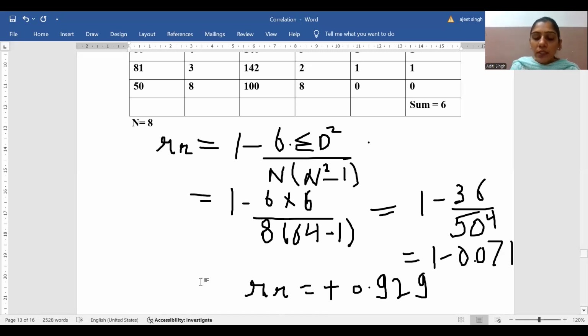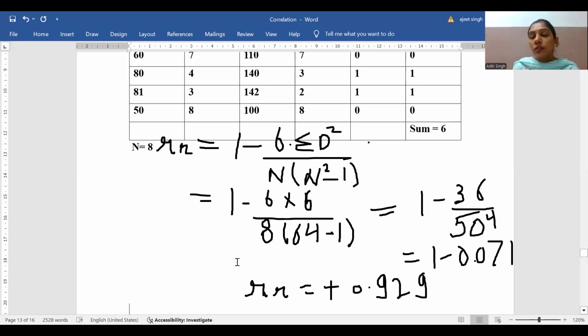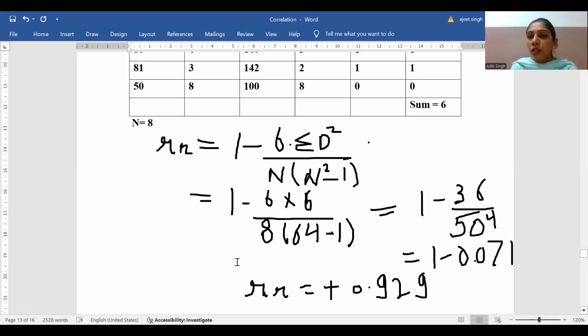Okay, so we can say that there is a high positive correlation among the variables. So this is how we calculate coefficient of correlation with the help of ranking method when rank is not assigned or not given in the question.